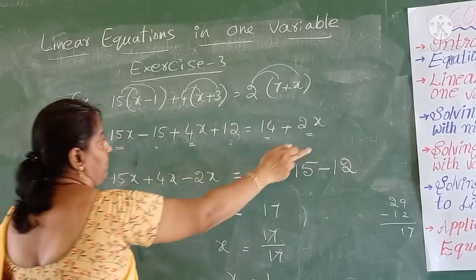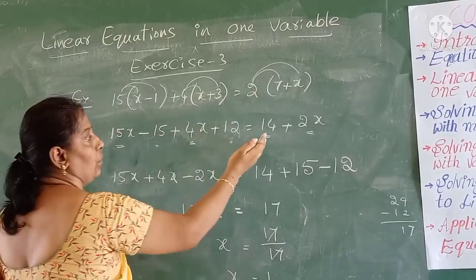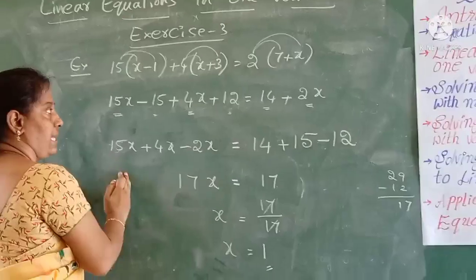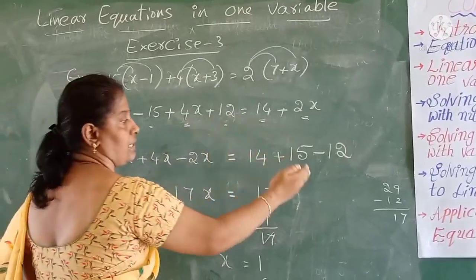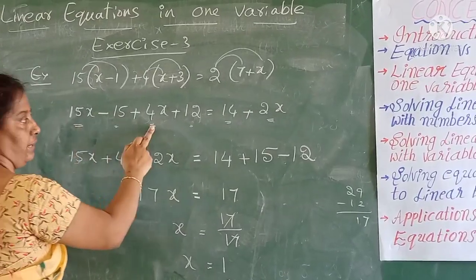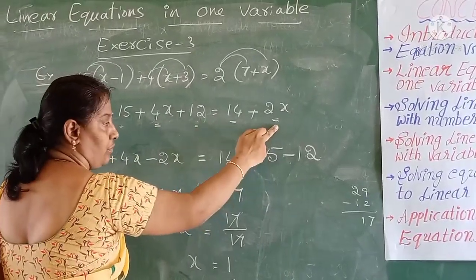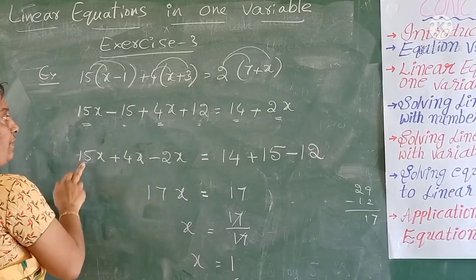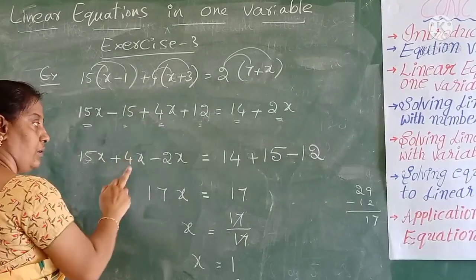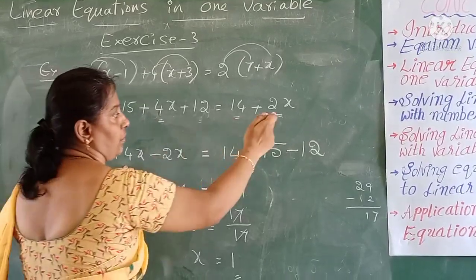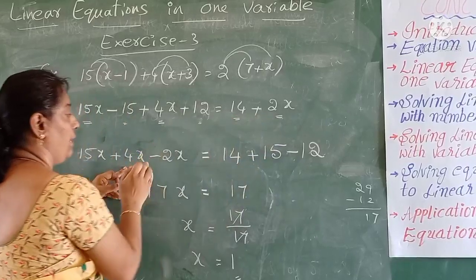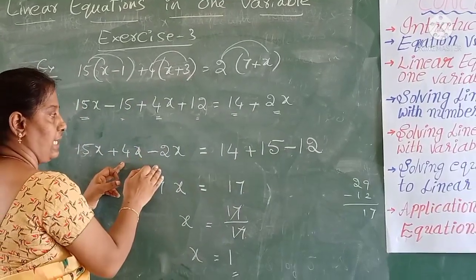To solve this type of equation, keep the variables on the left hand side and the constants on the right hand side. What are the variables? 15x, 4x and 2x. 15x and 4x are already on the left hand side. The 2x is on the right hand side; moving to the left hand side, it becomes negative 2x.